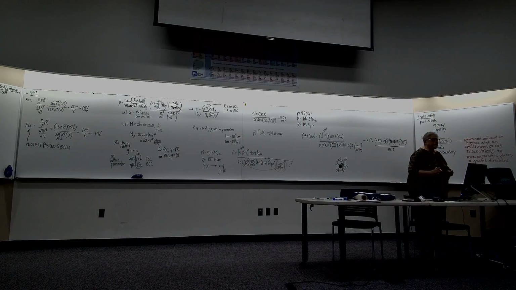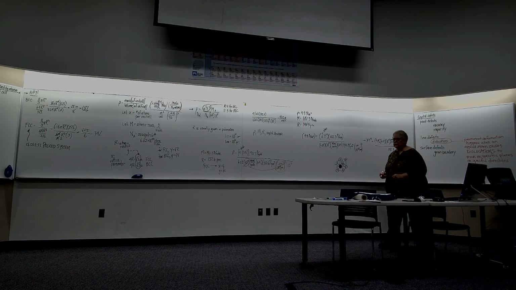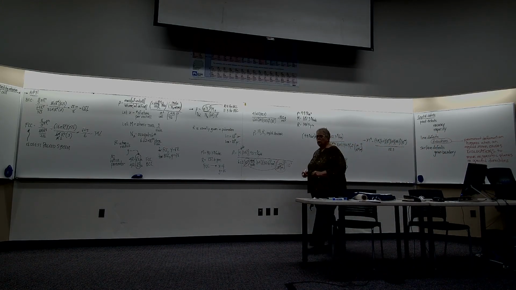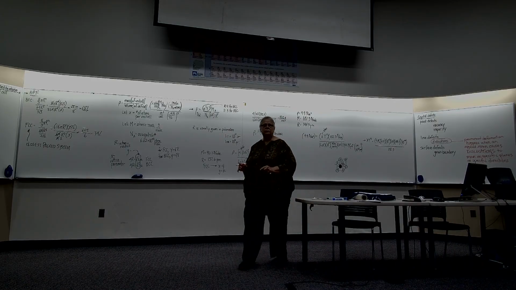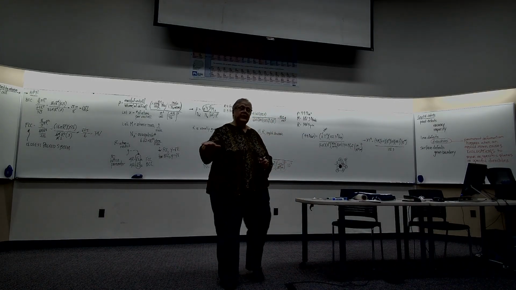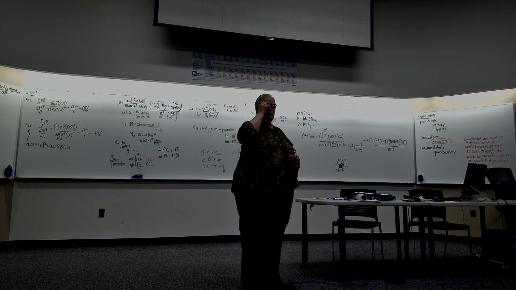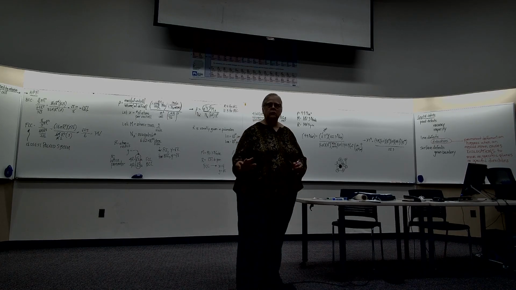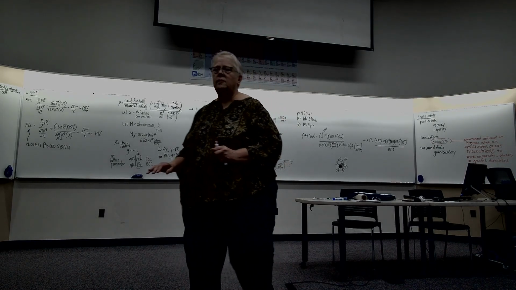So we get permanent deformation or plastic deformation when a stress can cause a dislocation to move on a specific plane in a specific direction. The plane and direction where that would happen is different between BCC and FCC. Don't need to write that down. We'll talk about that a lot.